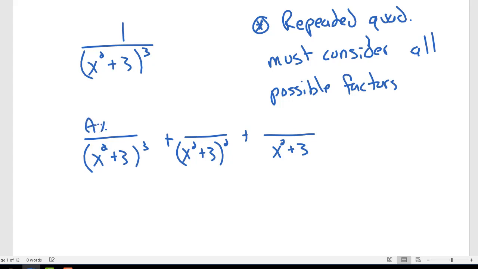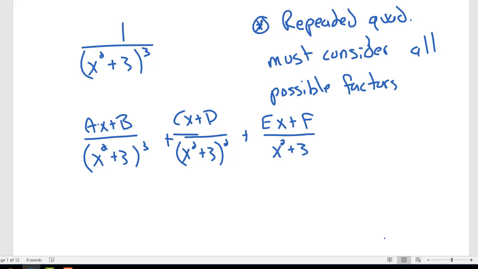So I'm going to say ax plus b. And then this would get a cx plus d. And then this would get, let's say, an ex plus f. So look, I'm going to stop there. This is the extent of what you would basically see. We're always going to have the denominator factored as much as possible, and we're going to follow one of these 4 rules, these 4 examples.